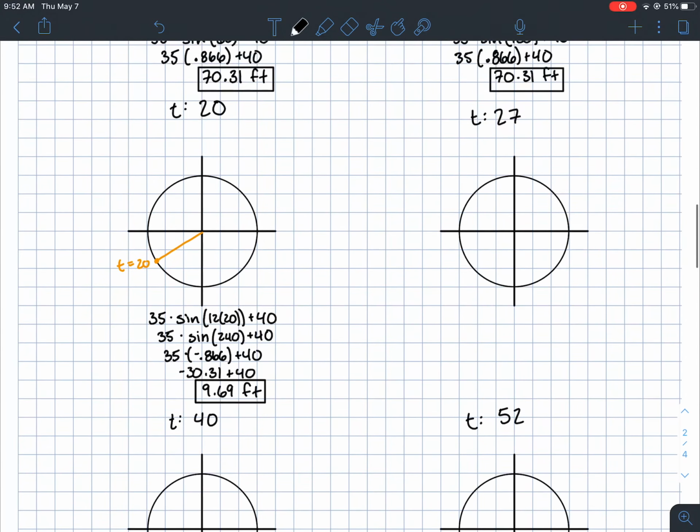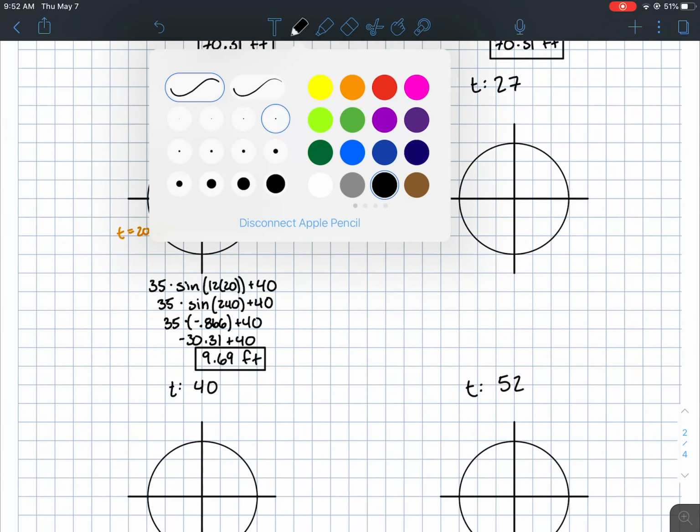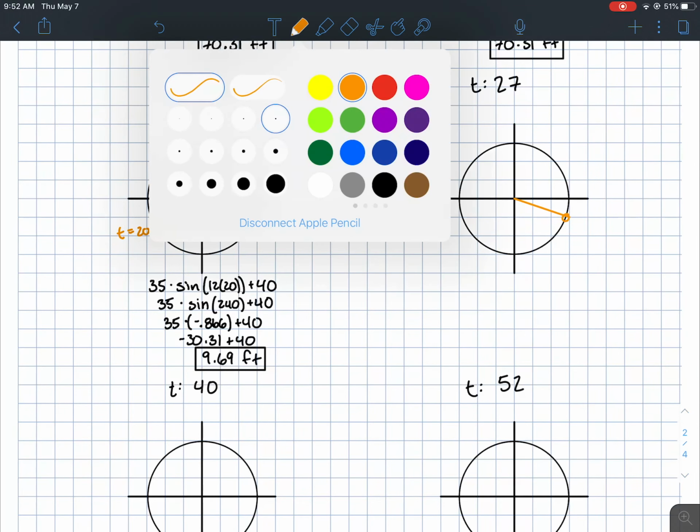You can see as this circle goes around, we start to see that pattern. So what happens when we get a number that's not like a 20 or 5 or 10? Well, it's the same thing. In fact, at 27, we're really close to making our first full rotation. So we'll plug that into our calculator.